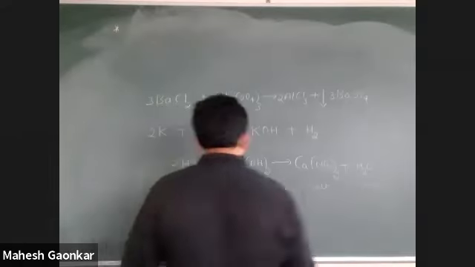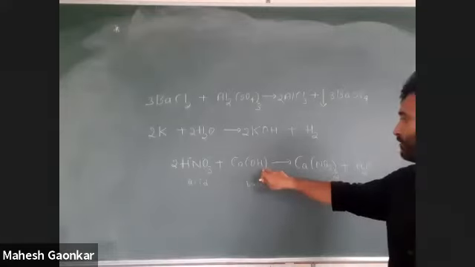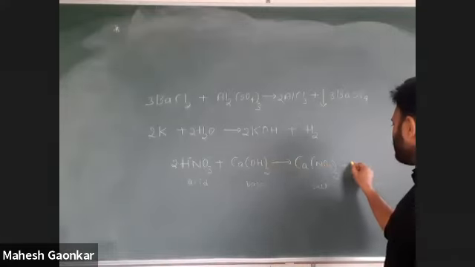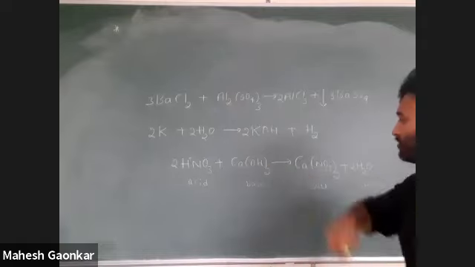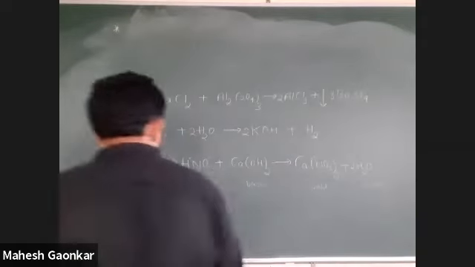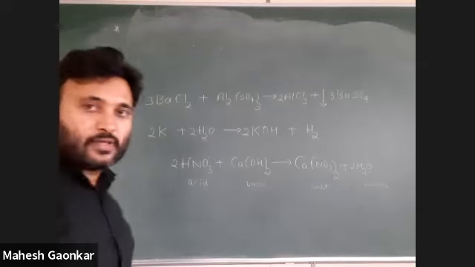Now hydrogen atoms: 2 here, 2, 4. So 4 means here we can write 2H2O. When we write 2H2O, we have 2 oxygen atoms, and here 2 oxygen atoms. Next it is balanced. 2 HNO3 plus Ca(OH)2 gives Ca(NO3)2 plus 2H2O. It's balanced.